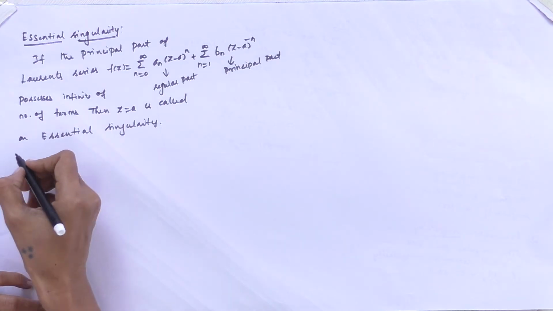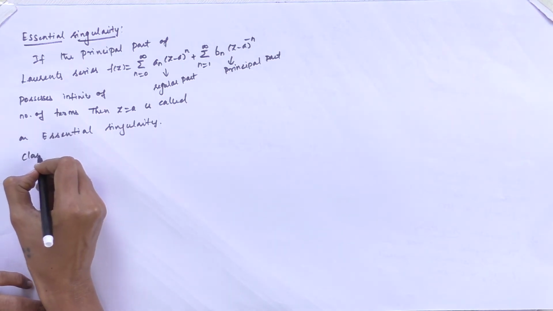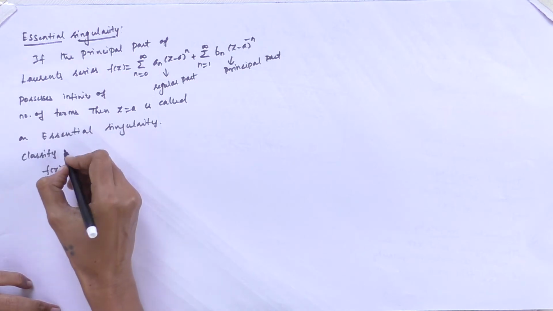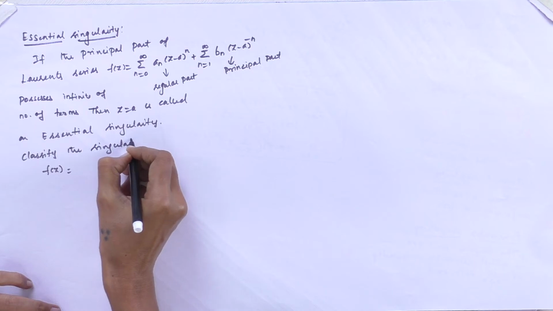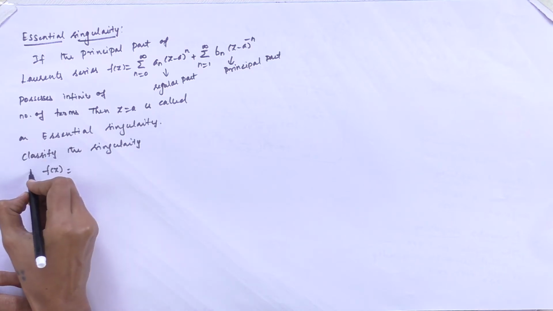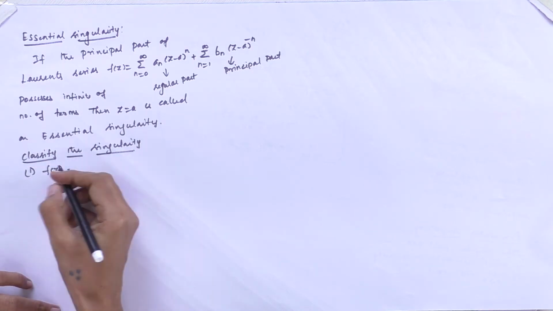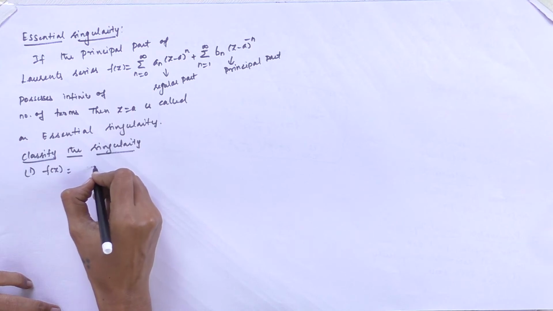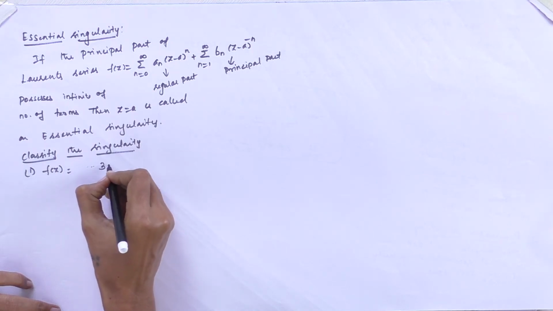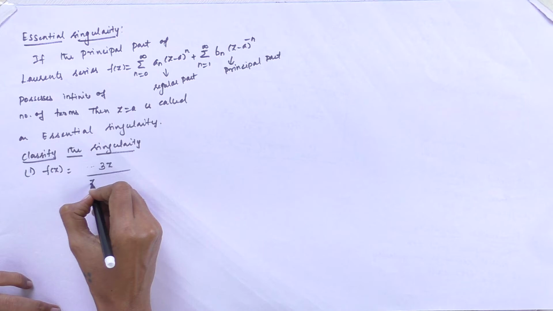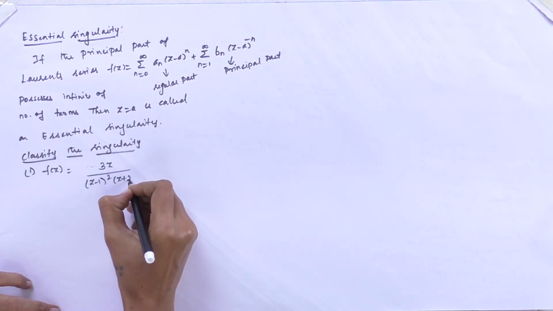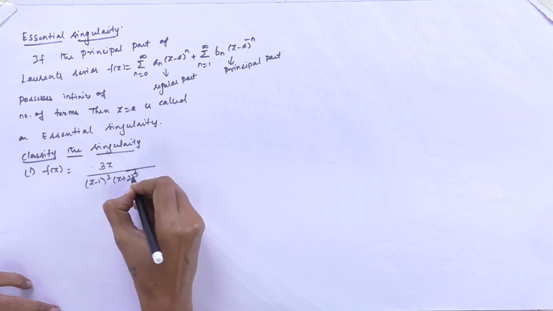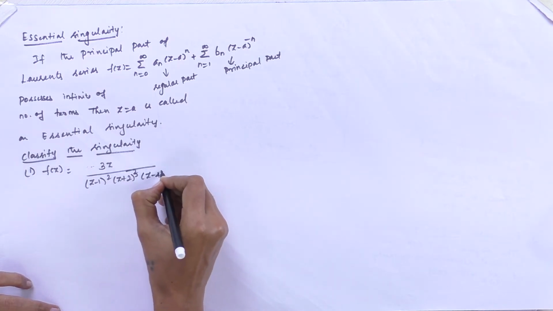Let us see some examples. Classify the singularity of the following. The first one, f of z equal to 3z divided by (z minus 1) the whole square, (z plus 2) the whole cube, into (z minus 4).